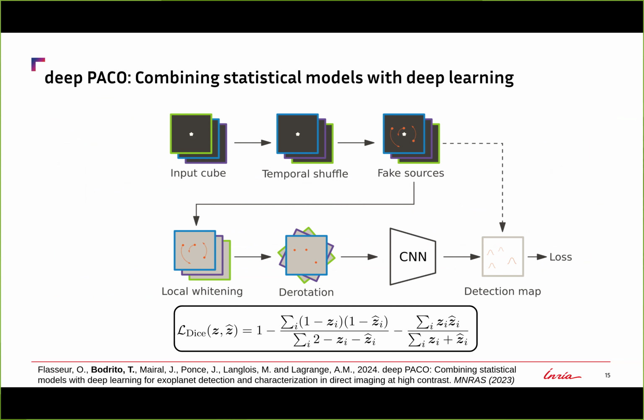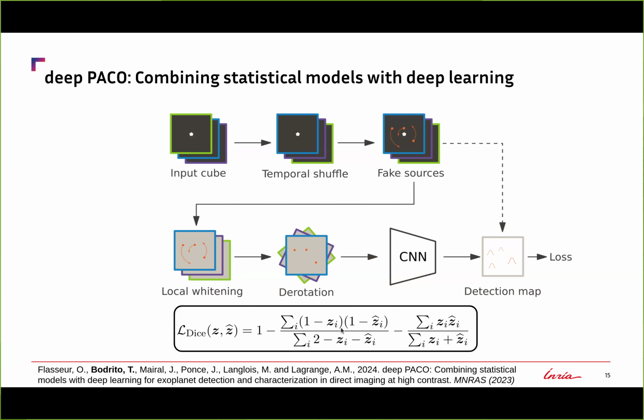The issue you usually have when you try to fit a model like that is that you have a lot more pixels where there is no source than pixels with a source, so you have an imbalance in the labels. What this loss does is correct this imbalance, so that it's easier for the model to learn.